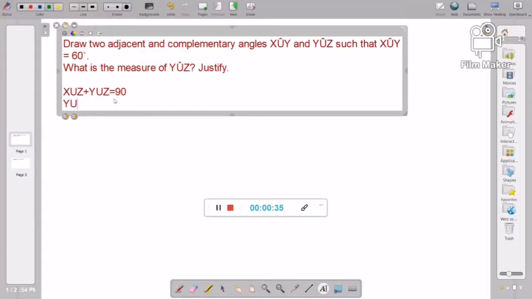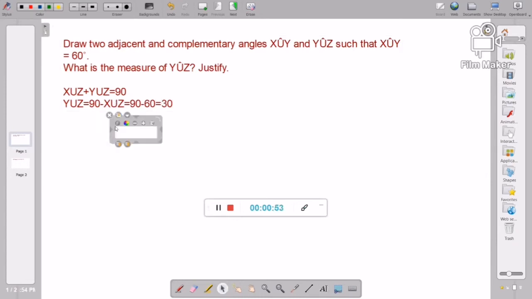If I need to calculate YUZ, I just write YUZ equals 90 minus XUY. And I know that XUY is 60, so directly I write this is 90 minus 60, which is equal to 30.